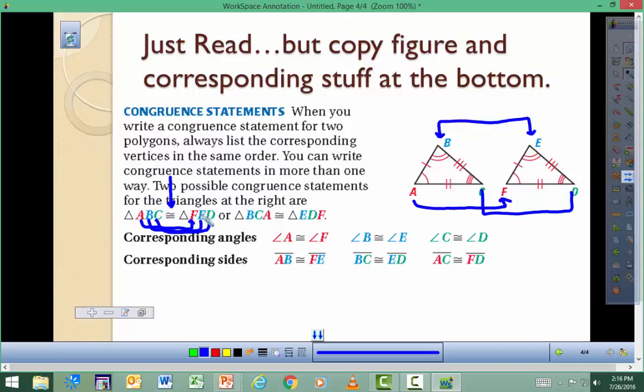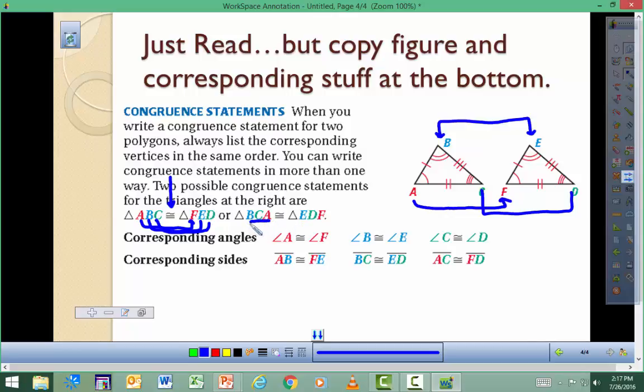You're not allowed to just put any of the 3 letters in whichever order. Once you have this statement written, these 3 have to be the ones that match up over here. Now, you have freedom to write the first 3 however you want. You can write the 3 letters here, whichever 3 letters you want. But as soon as you've written B, C, A, then you need to write over here the letters that match up or correspond with the first 3 here.